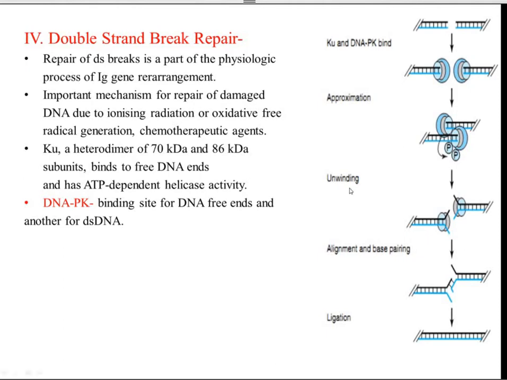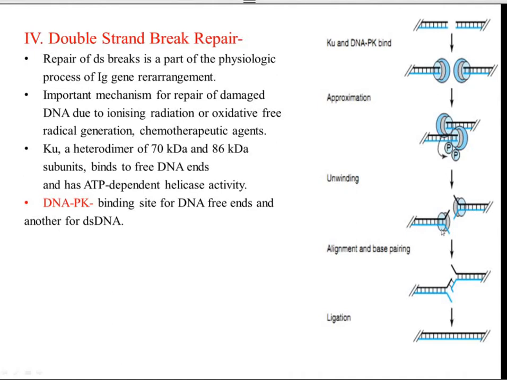So unwinding of the DNA will take place first by phosphorylation by the DNA dependent protein kinase, with the two big parts of the DNA approximating about each other. Then the DNA PK will be removed. The Q protein helicase activity will be activated and unwinding of the DNA will now take place like this.